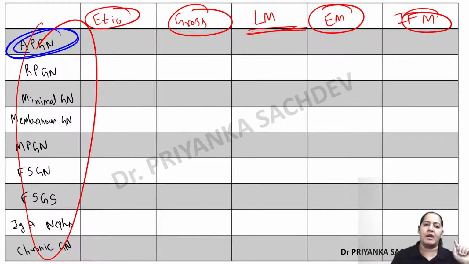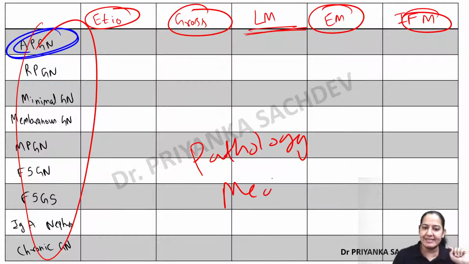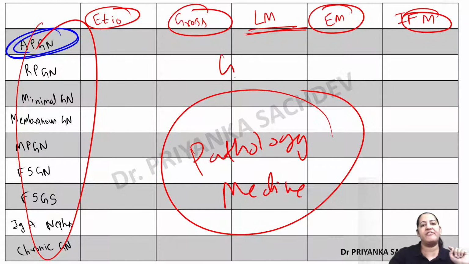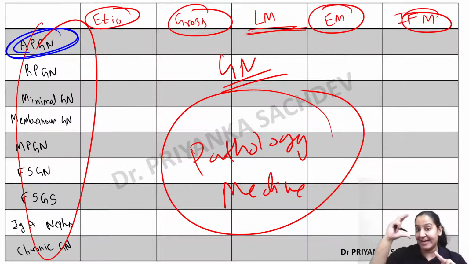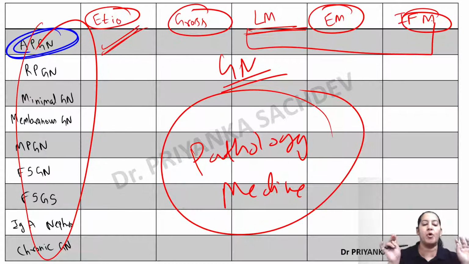Now, any question either from pathology or from medicine, a glomerulonephritis question, you can crack it. The question can be a one-liner, image-based, or a big clinical question. If you have knowledge of all the glomerulonephritis, especially their pathogenesis and the 3 types of microscopy, you are able to solve all the questions based on glomerulonephritis.